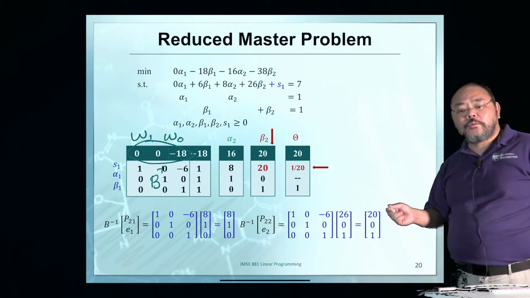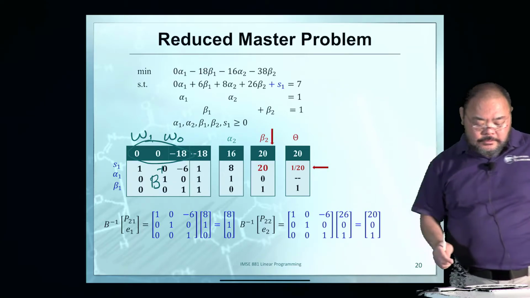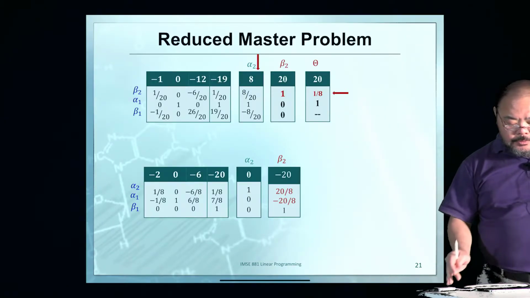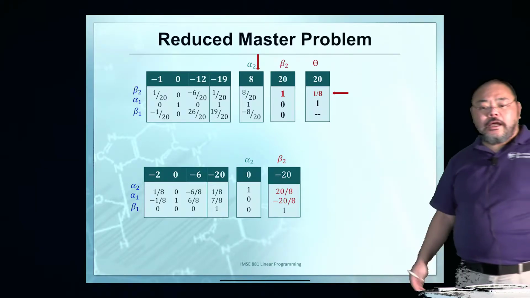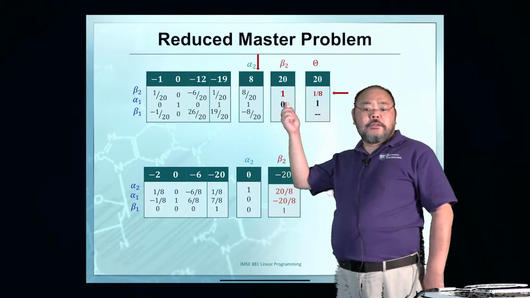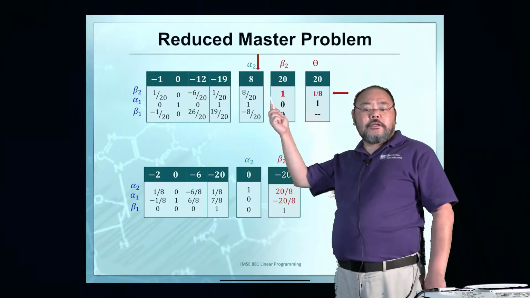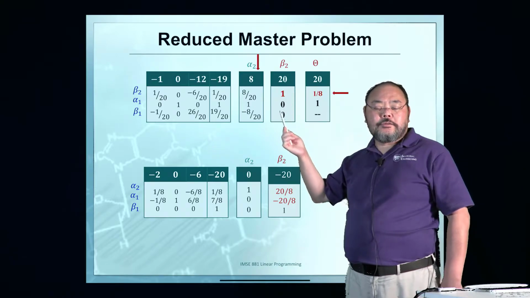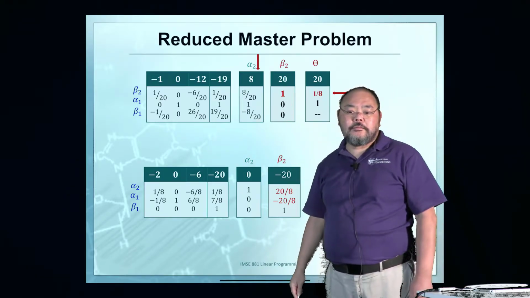Then we'll have 2001 over here. These are how we come up with those. Again, after one pivot, since S1 is leaving, I'm going to make the beta 2 column look like 100, an identity column.